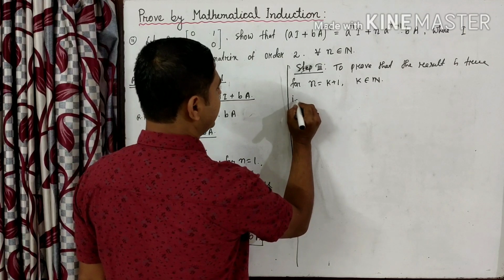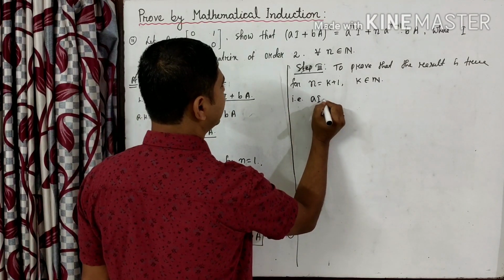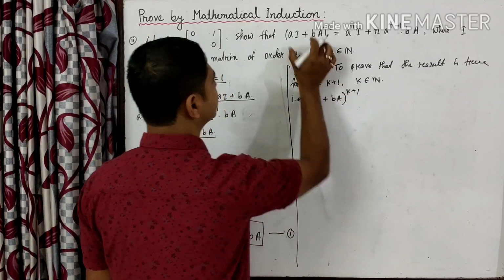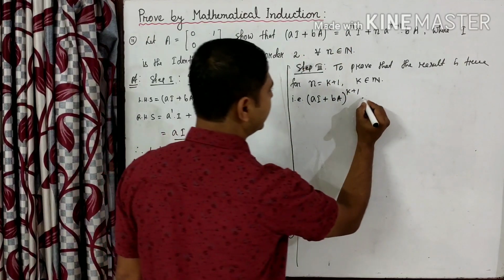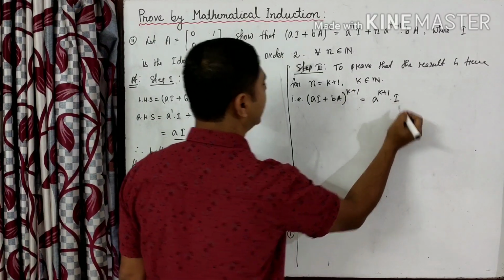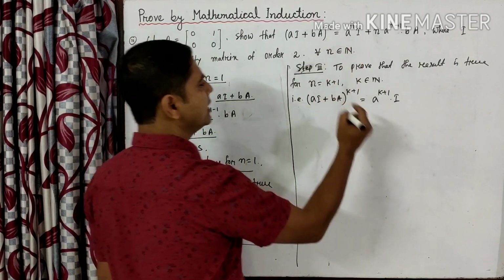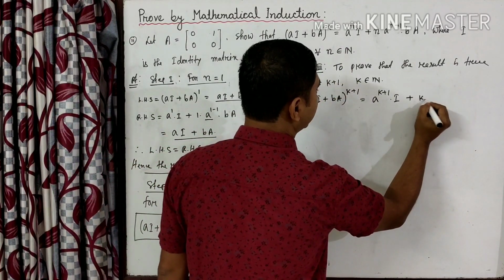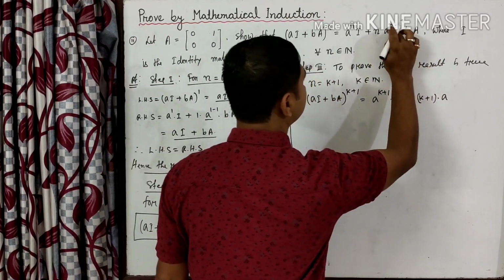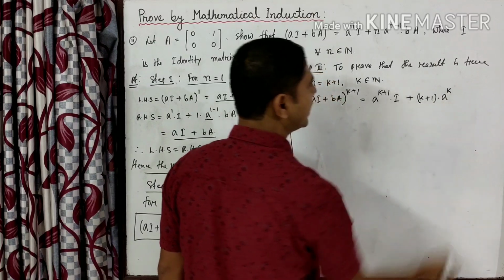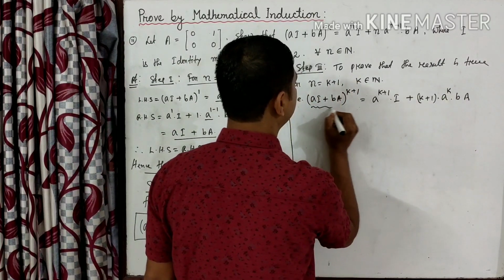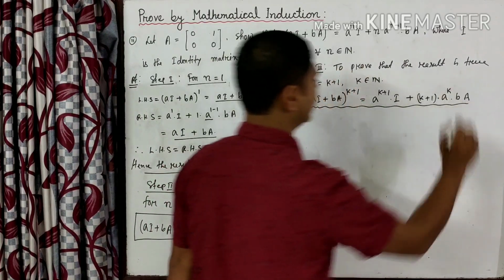Now, you have to prove what? (aI plus bA) whole to the power k plus 1 equal to a to the power k plus 1 into I, and the second one, for n equal to k plus 1, a to the power k plus 1 minus 1, definitely a to the power k, into b into A. You have to prove this one.